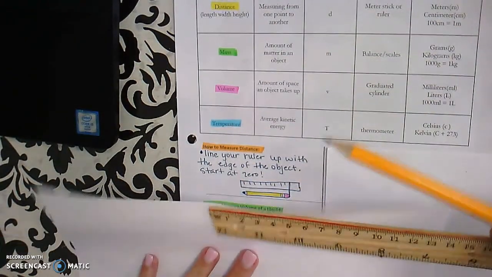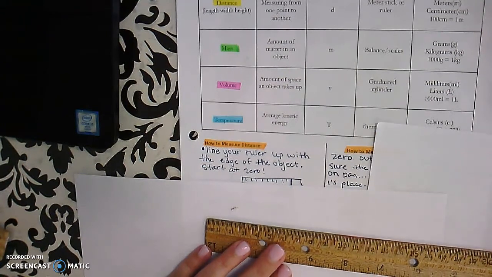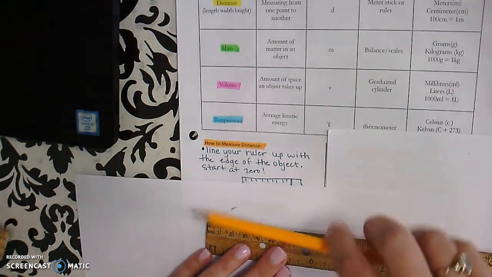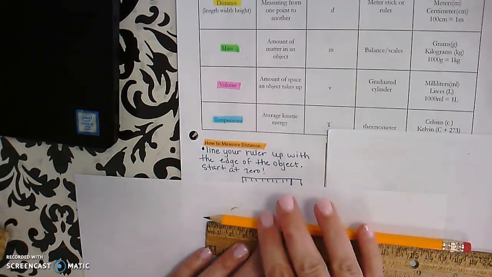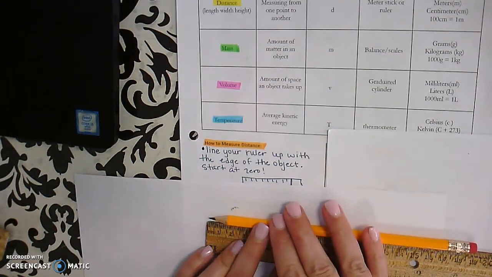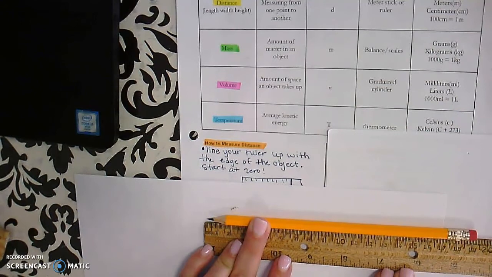Looking at another ruler, this ruler where the edge of the ruler starts is where the measuring actually begins. So we line it up directly there, and we see again that we get 19 centimeters.